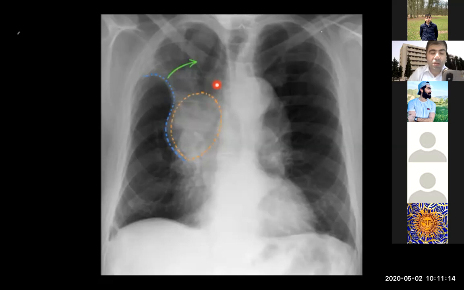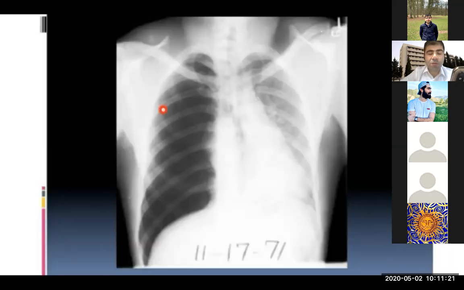So this is the hypodensity of air within the right pleural cavity, and there's shift of the mediastinum to the contralateral side, and there's flattening because this is under tension. So this is tension pneumothorax. If anybody misses this case, it will end in disaster actually.